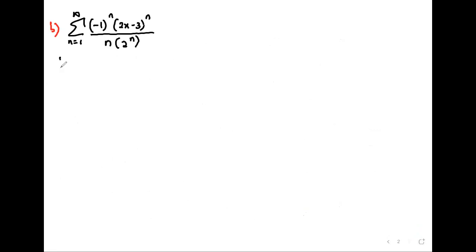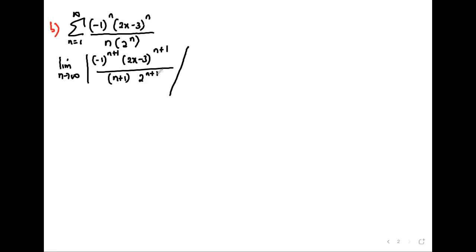Again, we bring in the ratio test, so the limit as n goes to infinity, the absolute value of a_n, that is negative 1 to the n plus 1, (2x minus 3) to the n plus 1 over n plus 1 and 2 to the n plus 1.